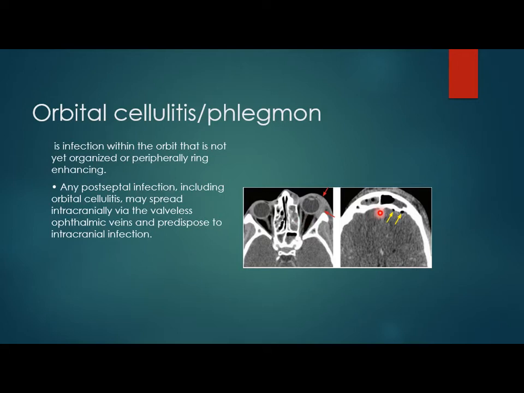Here are the two axial sections of the orbit and anterior part of the brain, showing complete opacification of the frontal, ethmoidal and sphenoid sinus, and there is air in the extra-axial compartment posterior to the frontal sinuses, and this is the intracranial extension of the cellulitis.